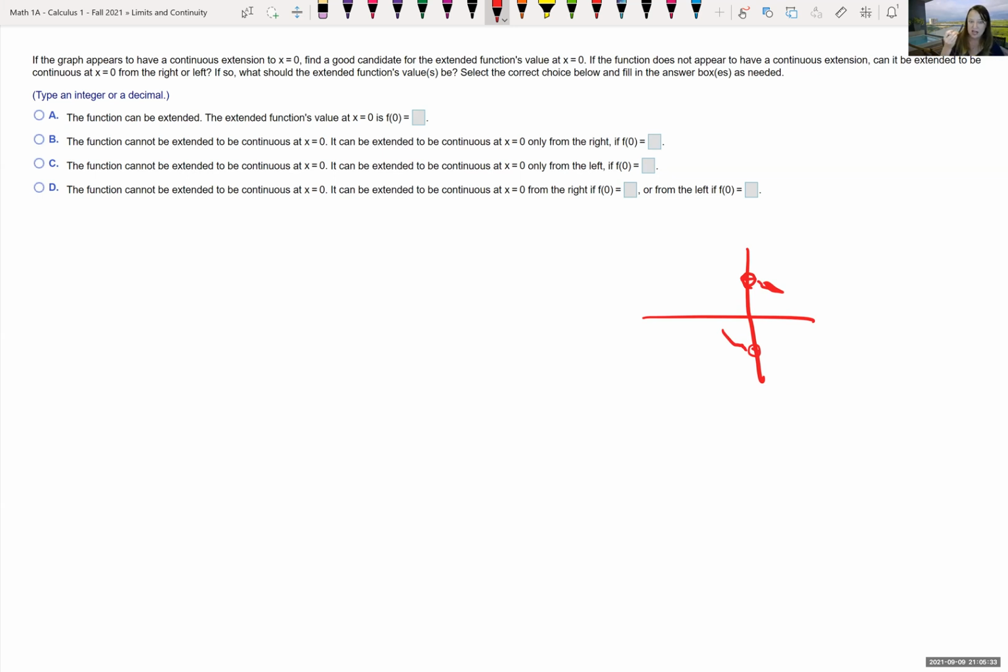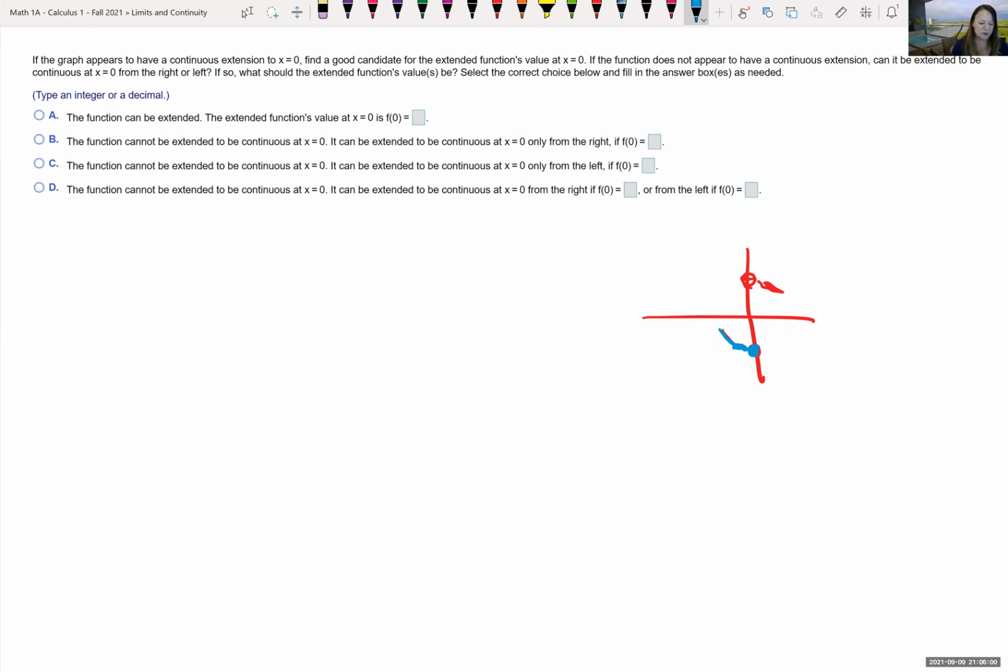I know that this is not a removable discontinuity. There's not just one value of x that would make a solid circle there and make it so there's no jump. I'm actually not familiar with this term extended, but what I've gathered it means is, can we make this continuous if we're talking about coming in on the right-hand side?